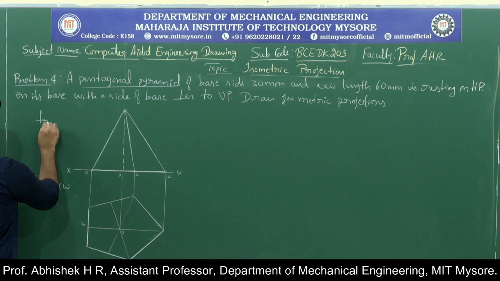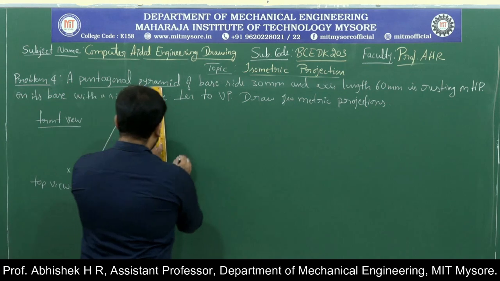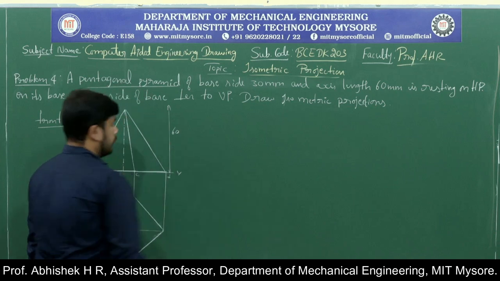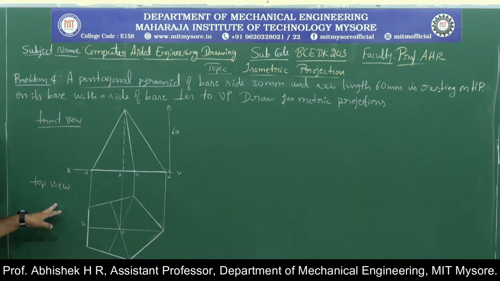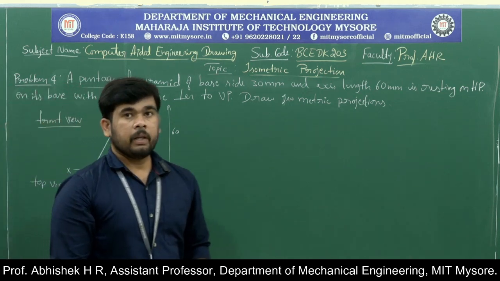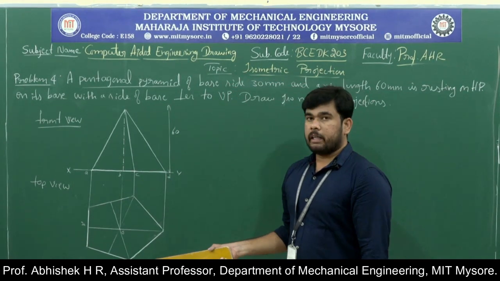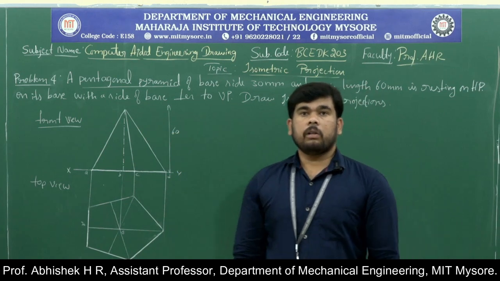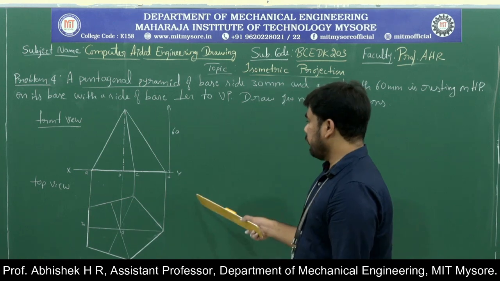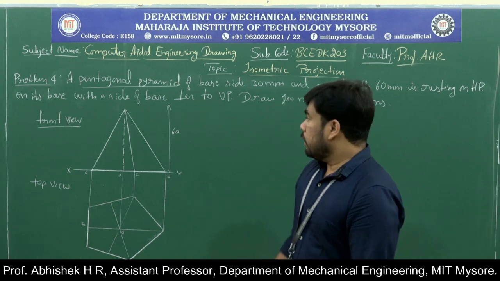So this is the front view. What is the height? This is 60. So this is how we will draw the top view and front view for the pentagonal pyramid problem. That is why I said for this kind of problem we need to draw the top view first, then we can extend it to the front view.